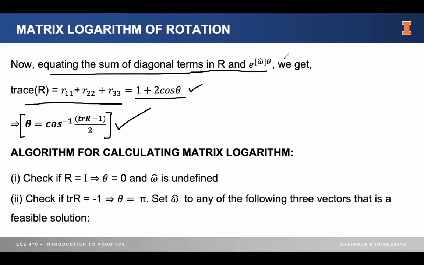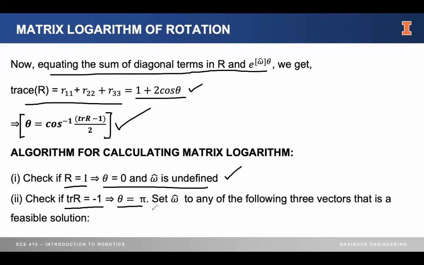Now we discuss the algorithm for calculating the matrix logarithm and how to solve a question. First of all, we check if R is equal to the identity matrix. If it is so, then our theta is equal to 0 and our omega hat is undefined. If not, we come to step 2, that is, if the trace of the rotation matrix equals minus 1, our theta is equal to pi.